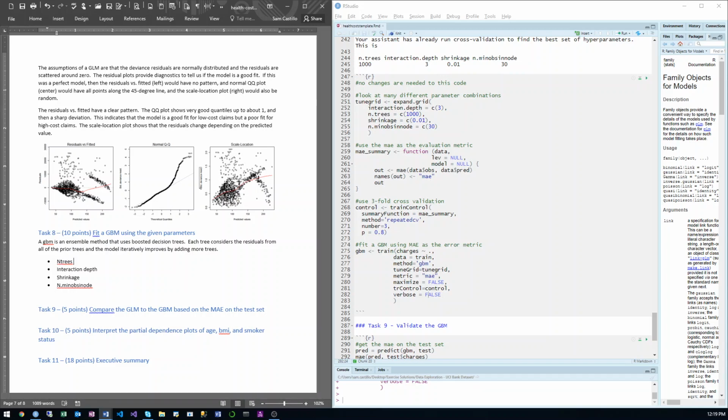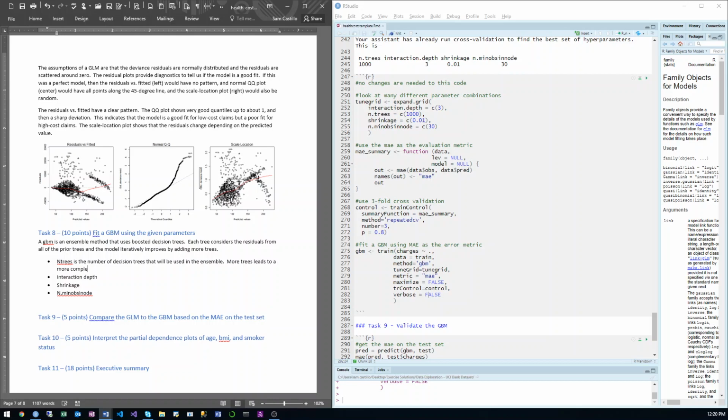Entries is the number of decision trees that will be used in the ensemble. More trees leads to a more complex model and increases the likelihood of overfitting.